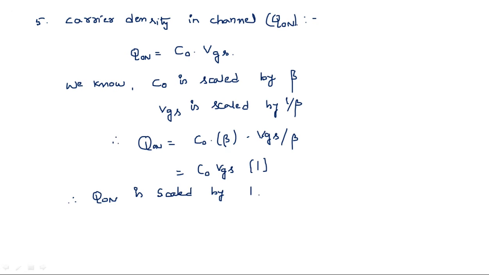Okay, so now channel resistance. Another one is channel resistance, that is R on. The names may be different, but we know R on is nothing but the on resistance of the transistor. When the transistor is in on state, it exhibits some resistance, that is R on.